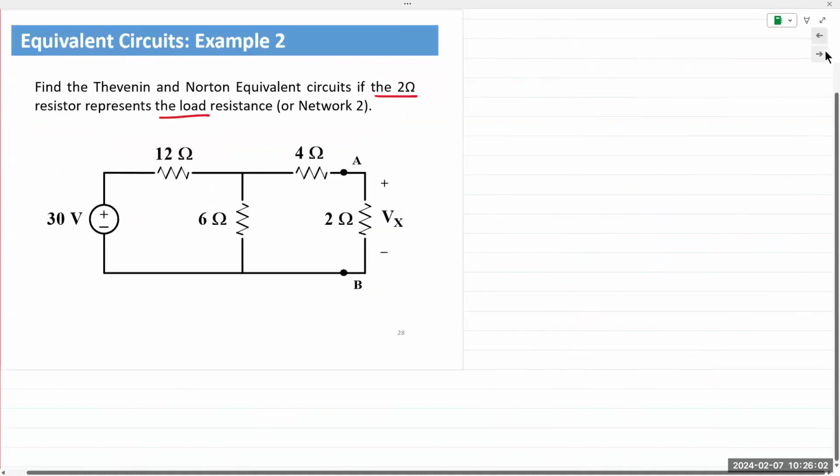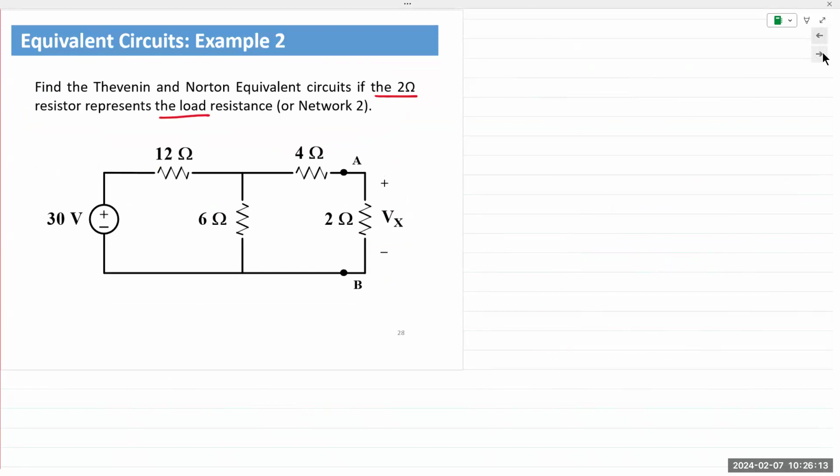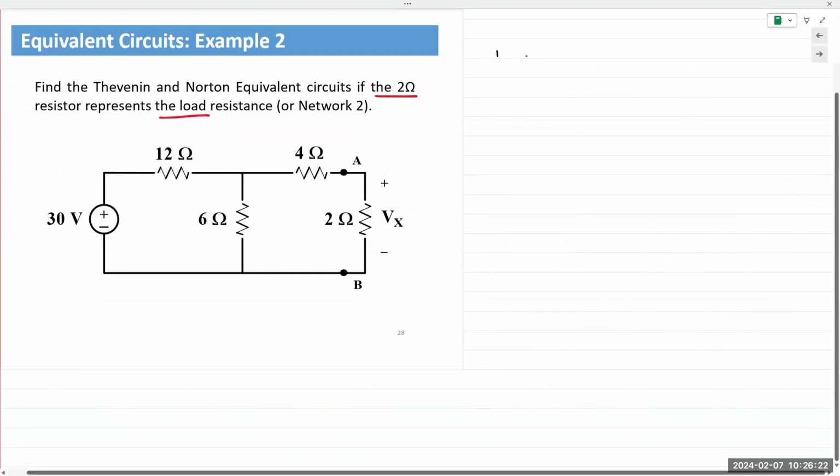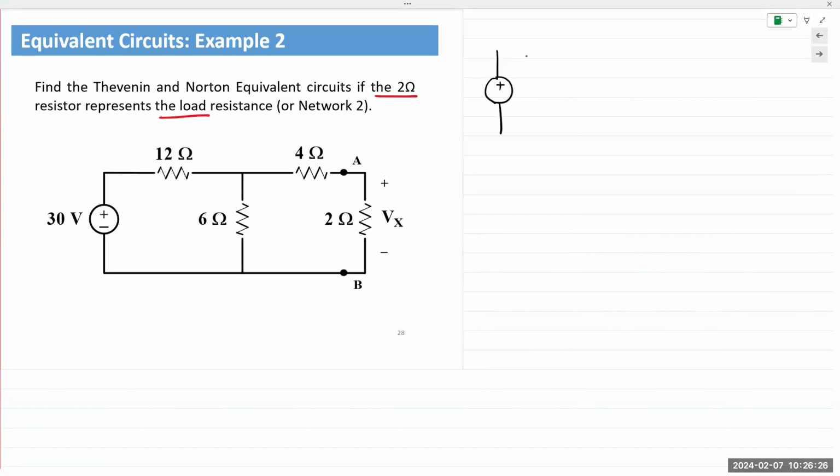And so we come to example 2. In example 2, the 2 ohm resistor represents the load resistance for network 1. So we remove that from our analysis and our circuit looks like this.